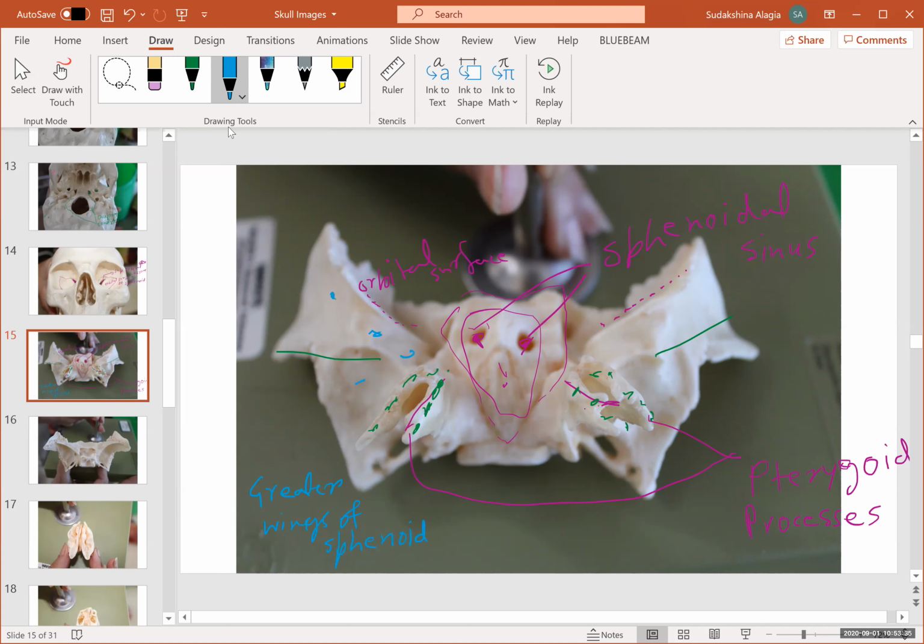And that will be all of this. Greater wings of the sphenoid.